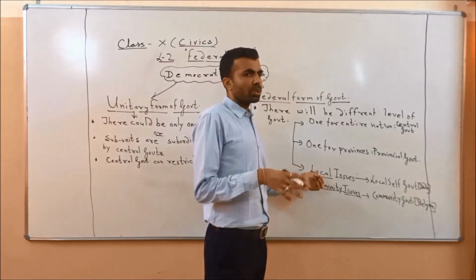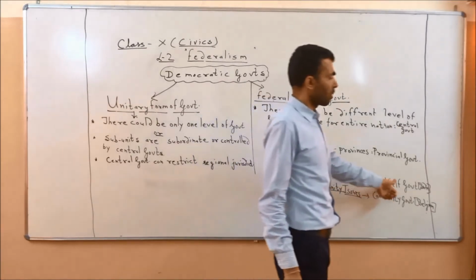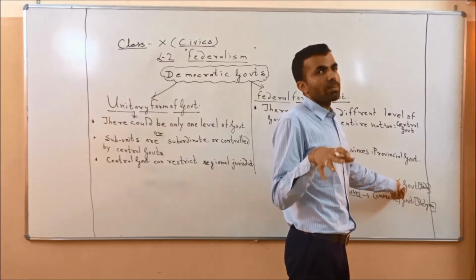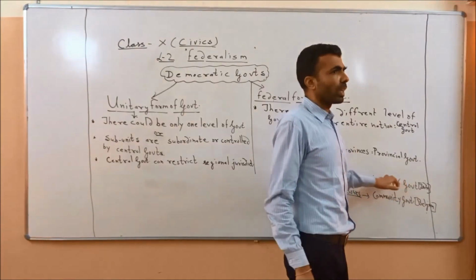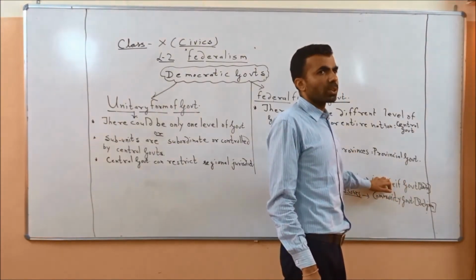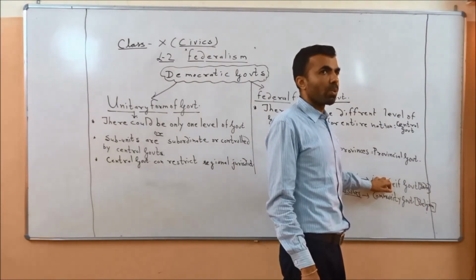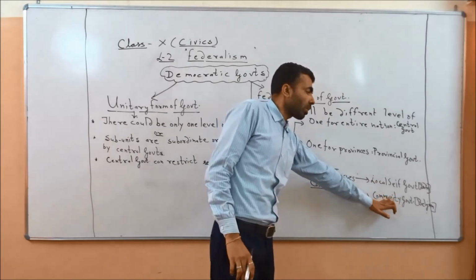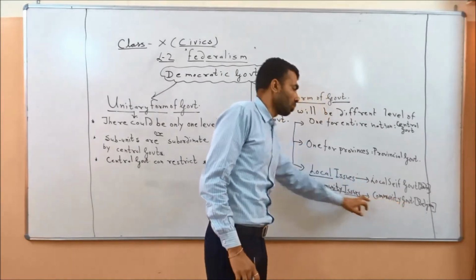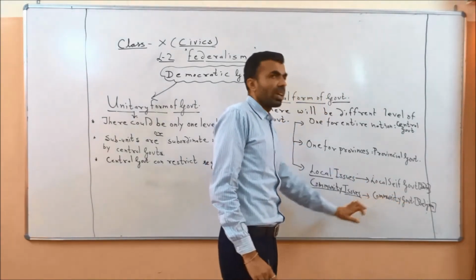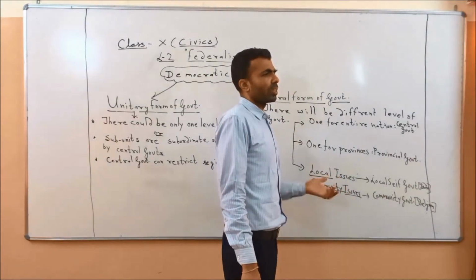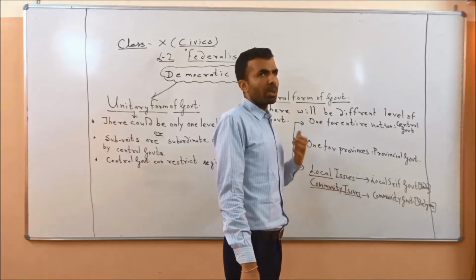In India, it is the local self-government, the Panchayati Raj system, which deals with issues like sanitation, cleanliness, water, and roads in the local areas. Likewise in Belgium, there is a third set of government, the community government, which deals with cultural issues, maybe of religion, marriages, culture, etc.